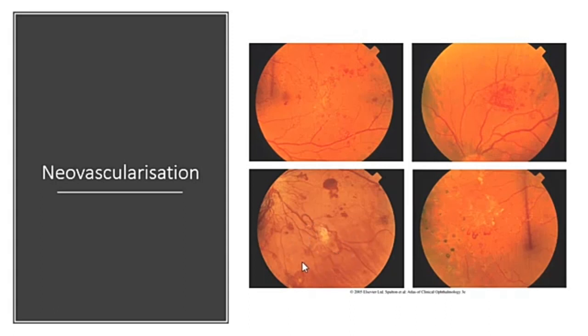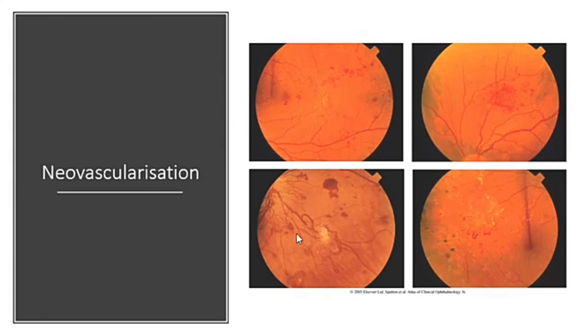And the problem with the new blood vessels is that they are irregular, they're not formed well, they're fragile, and then they burst and leak. The sign of neovascularization is this mottled mess of very fine blood vessels seen on the retina.